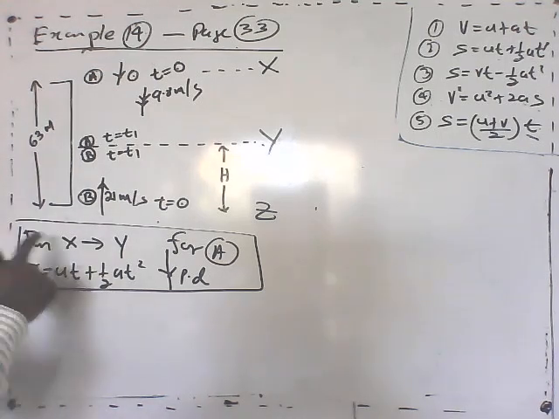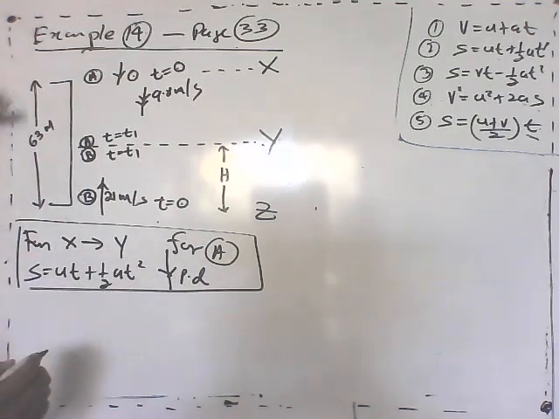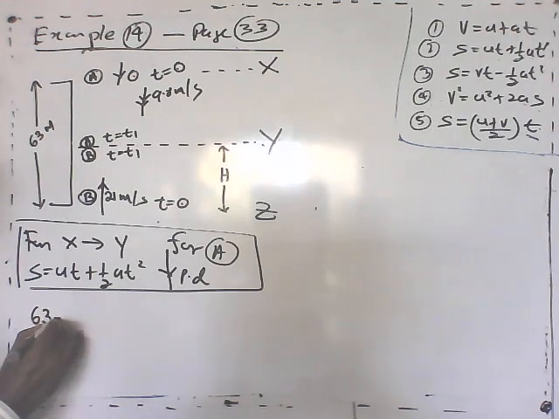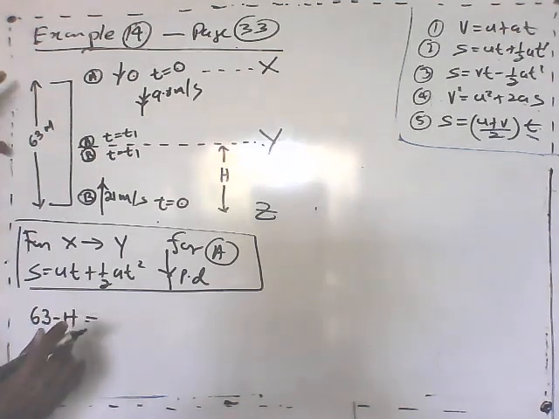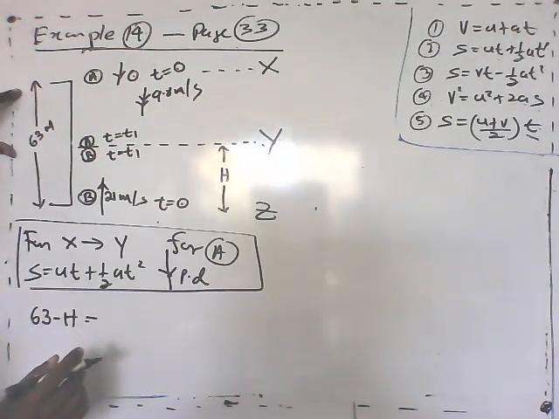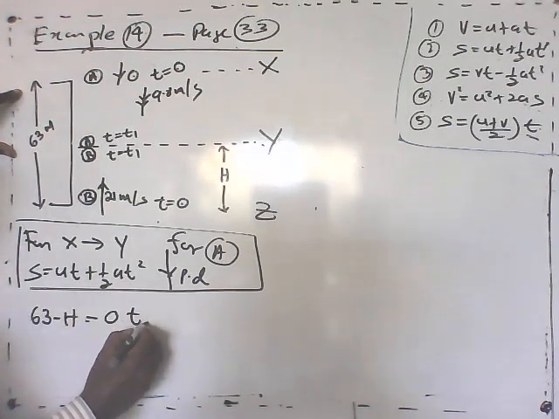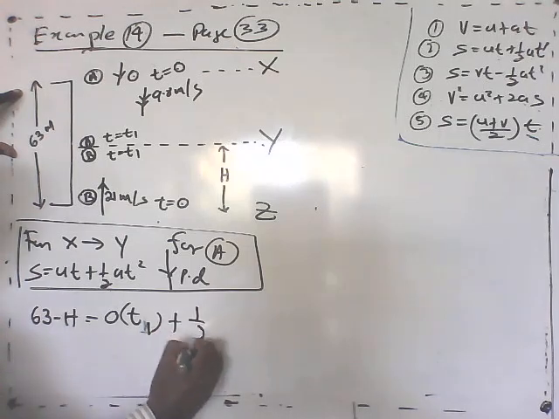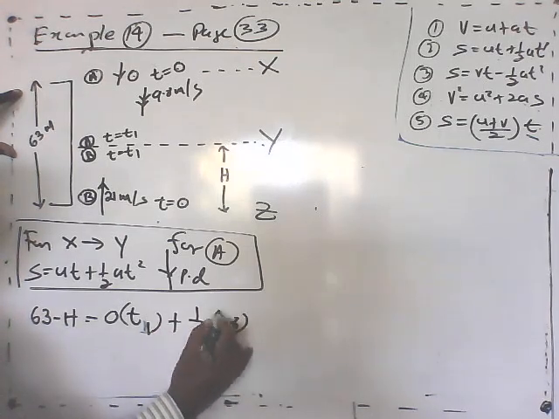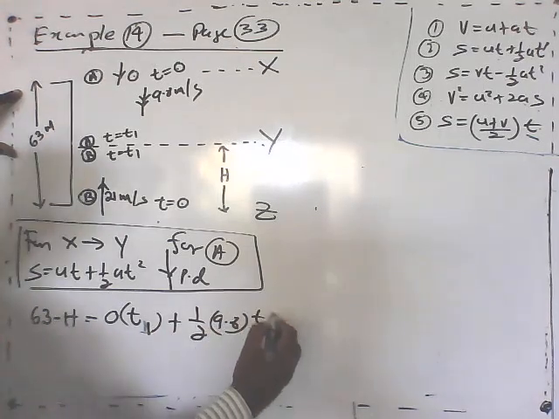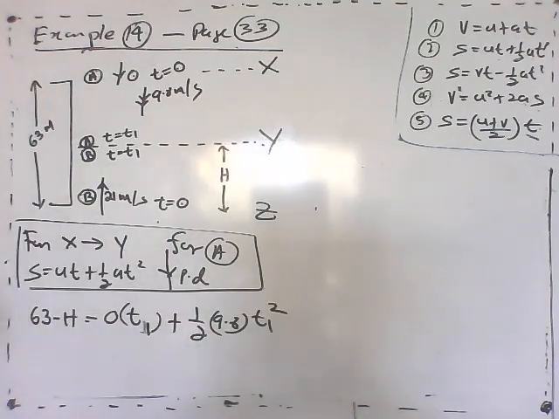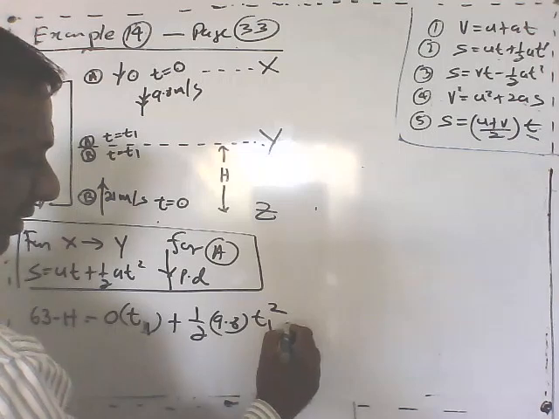How much is he going downward? 63 minus h. The initial velocity is 0, so 63 minus h equals 0 times t1 plus half of 9.8 t1 squared. We will leave this as it is and see what to do. This is equation A.